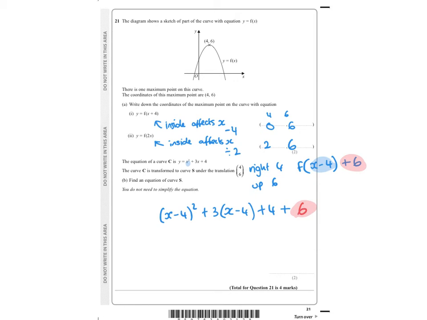We can tidy that up a bit: (x minus 4) squared plus 3(x minus 4) plus 10. You would still get full marks for this, because the question says you do not need to simplify the equation. If you got a different answer and you're not sure if it's correct, send me a picture and I'll let you know.